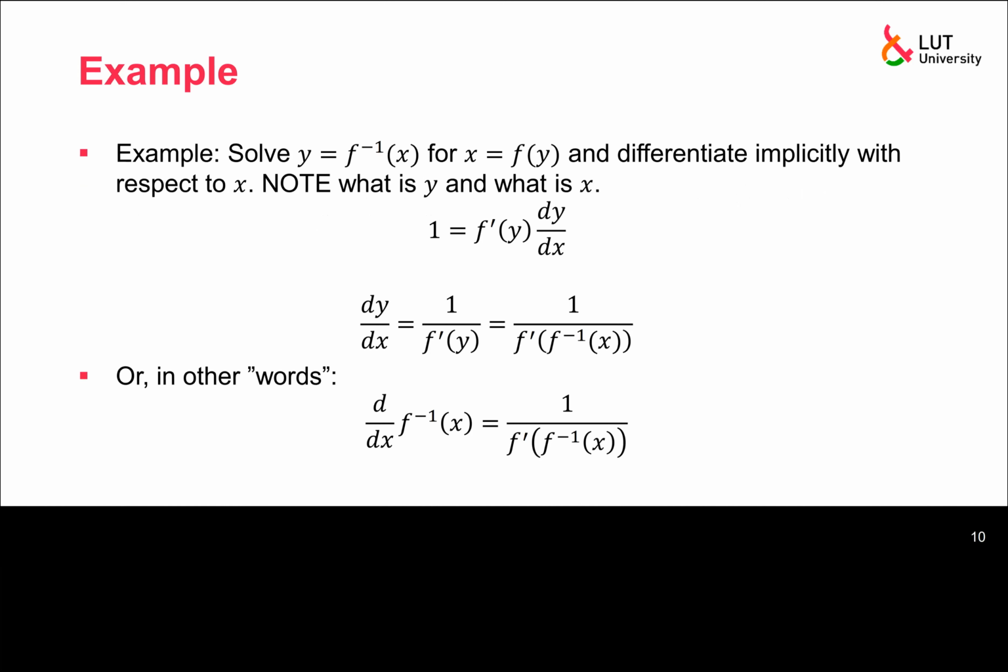So dy over dx should show up like this: dy over dx is 1 over f dash of y. So we're now differentiating the inverse function, and for the y we're inputting the inverse.